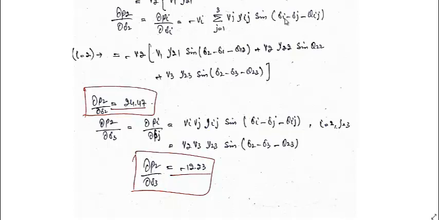I forgot one term. Vj Yij sin of delta i minus delta j minus theta ij. So expanding this term, when i is equal to 2, it will equal minus V2 V1 Y21 sin of delta 2 minus delta 1 minus theta 12.